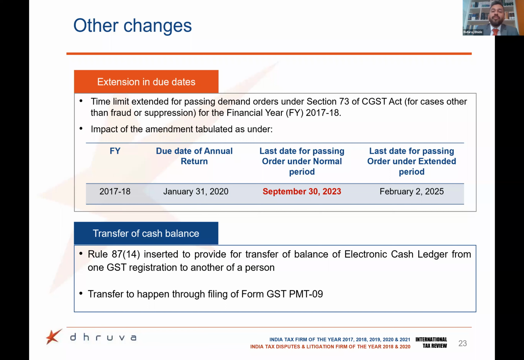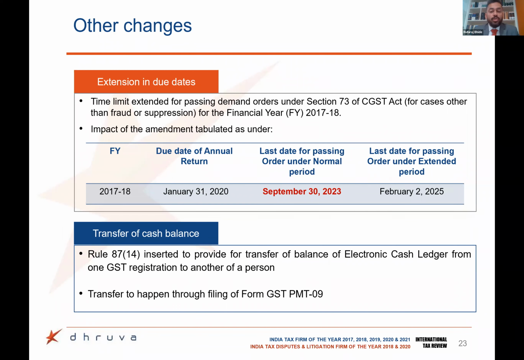The due date for filing the annual return for 17-18 kept getting extended, and eventually it was 31st Jan 2020. So the original timeline for issuing any demand order for FY 17-18 was up to 31st Jan 2023. This has been extended to 30th September 2023.